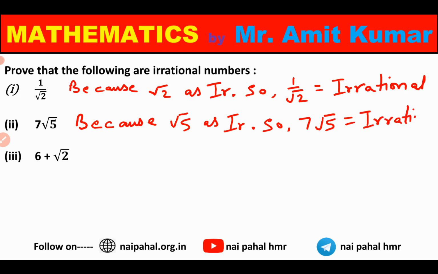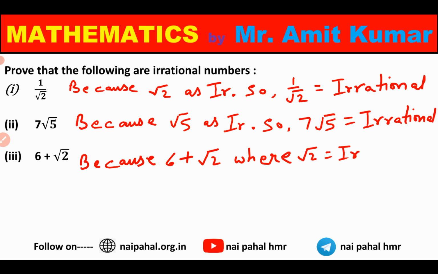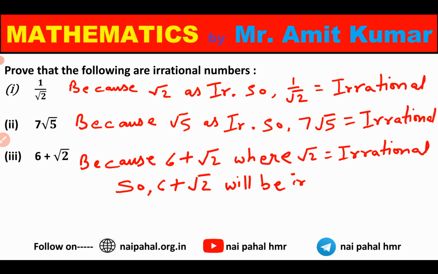Don't worry, I will make you understand why I am telling in one line. Here again, we have 6 plus root 2, where root 2 is irrational, so 6 plus root 2 will be irrational. Now, make sense of what I am going to tell you.